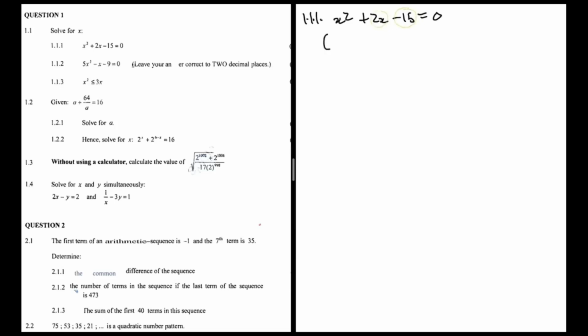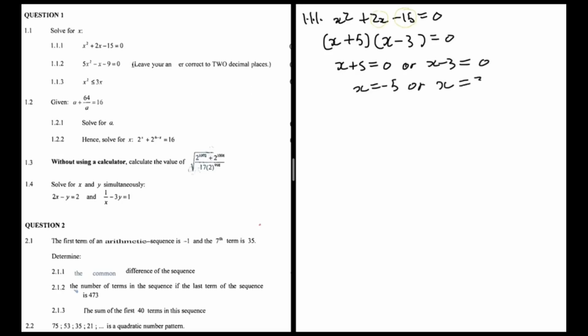So as a result, I'm going to have x plus 5 multiplied by x minus 3 equals 0. So x plus 5 equals 0, or x minus 3 equals 0. So x equals minus 5, or x equals 3.